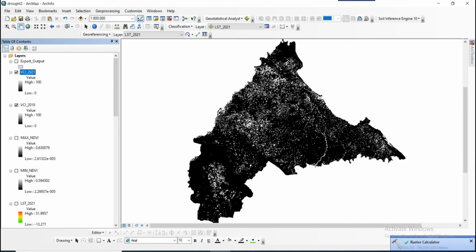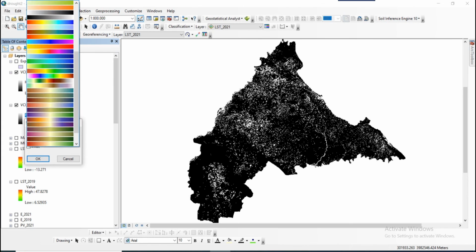So it's finished. Now we have VCI for 2019, VCI for 2021.